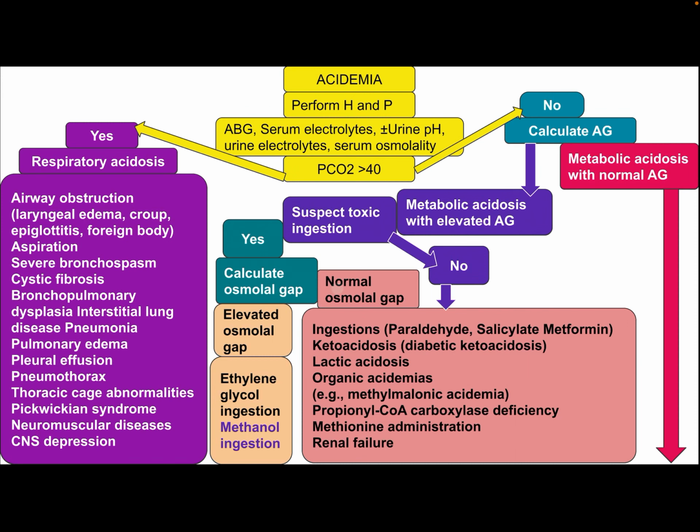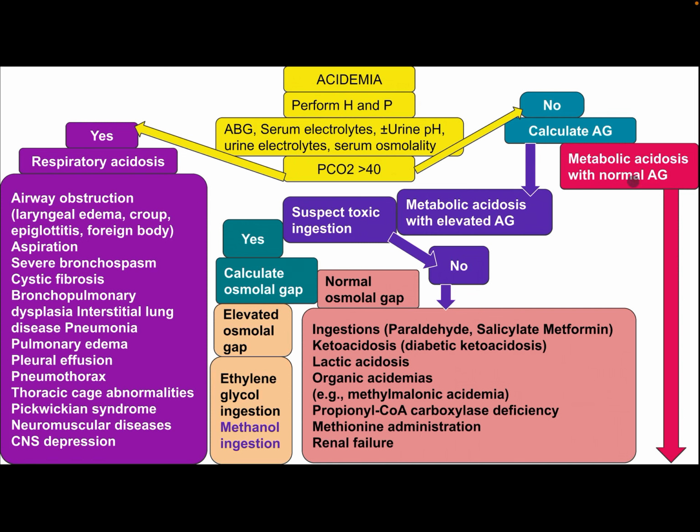If it is a normal osmolar gap, or there is no suspicion of toxic ingestion with the metabolic acidosis and elevated anion gap, differential diagnosis: ingestion, paraldehyde, salicylate, metformin, ketoacidosis, diabetic ketoacidosis, lactic acidosis, organic acidemia, methylmalonic acidemia, propionyl-CoA carboxylase deficiency, methionine administration, and renal failure.